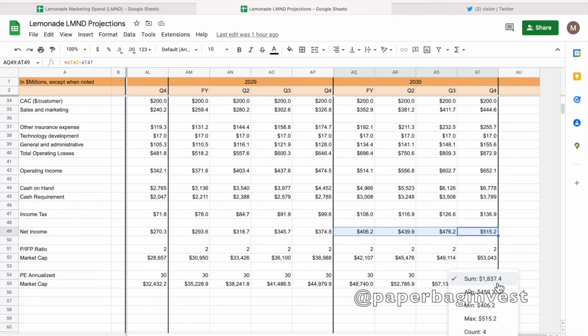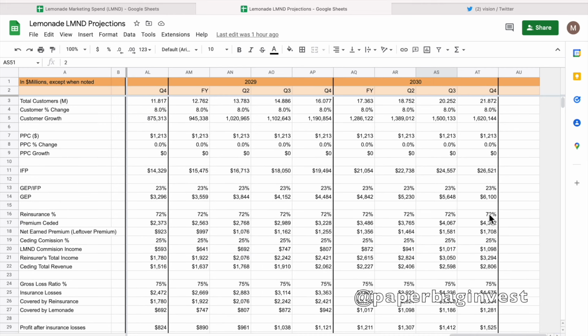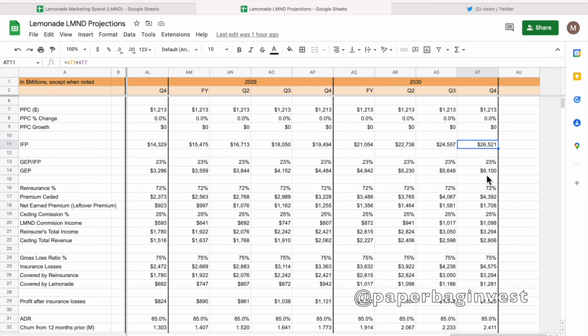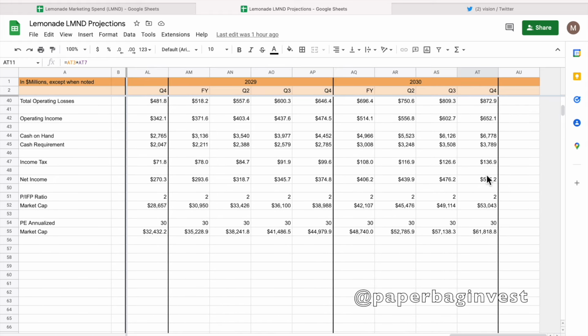And then you think about if a company like this by 2030 is still growing 8% a quarter in customers, which is still significant customer growth, and even if their premium per customer is kind of steady, your in-force premium is still growing from 19 billion to 26 billion, still like a 30-some% growth in in-force premium, huge growth. I feel like the market's going to reward a company like that pretty aggressively still.